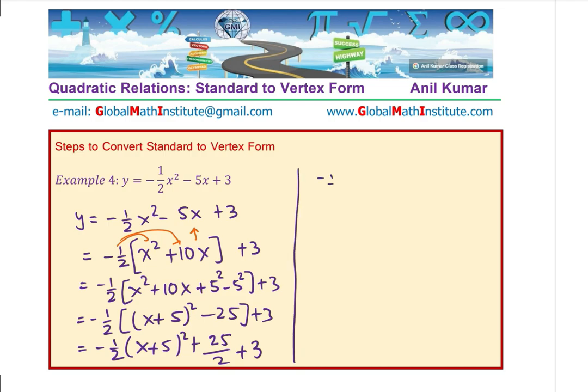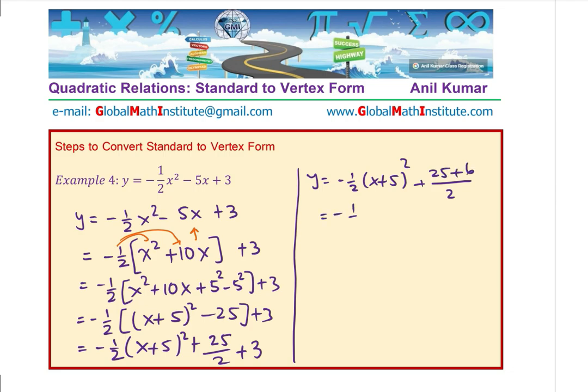So we get y equals minus half (x plus 5) whole square plus 25 by 2 plus 3. Take 2 common, right? So we get 25 plus 6.